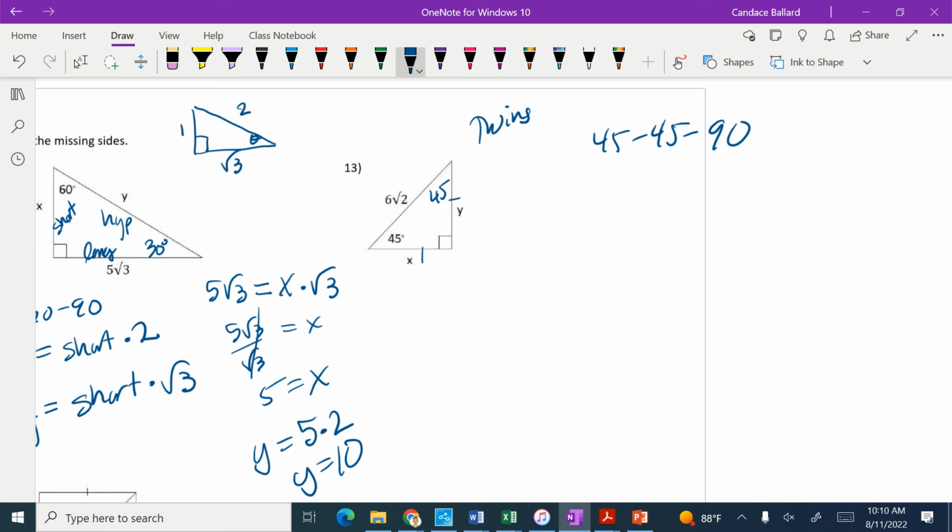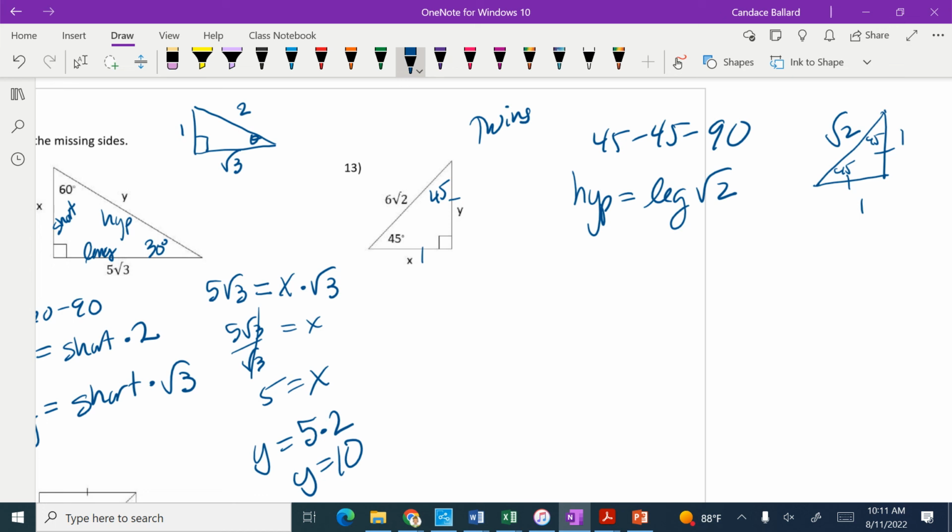On this one, for the ratio thing, it would be 1, 1, and square root of 2. I remember that the hypotenuse equals the leg times square root of 2. The square root of 2 goes with the one with the two angles that are the same, and the square root of 3 goes with the one that has the 30 in it. That's how I remember it.